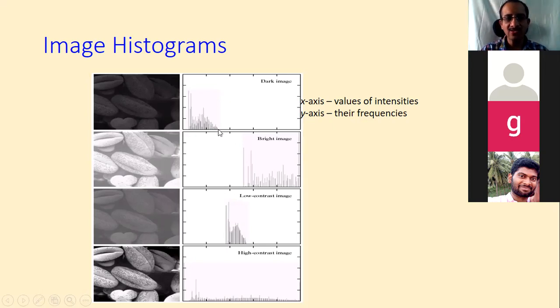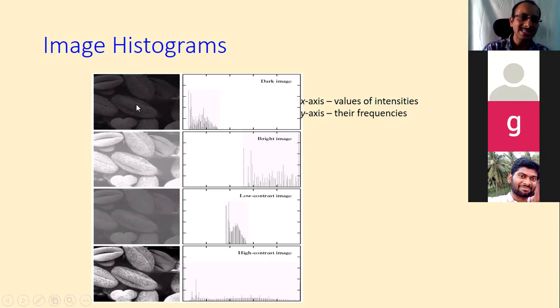That means if you consider 0 to 255 as the whole range of the pixels, you can consider roughly 125, around the region of about 100 to 200 or 150, as the average gray levels, and 0 to roughly 100 or 50, less than 100, are the darker regions in the image, and these are the brighter regions in the image.